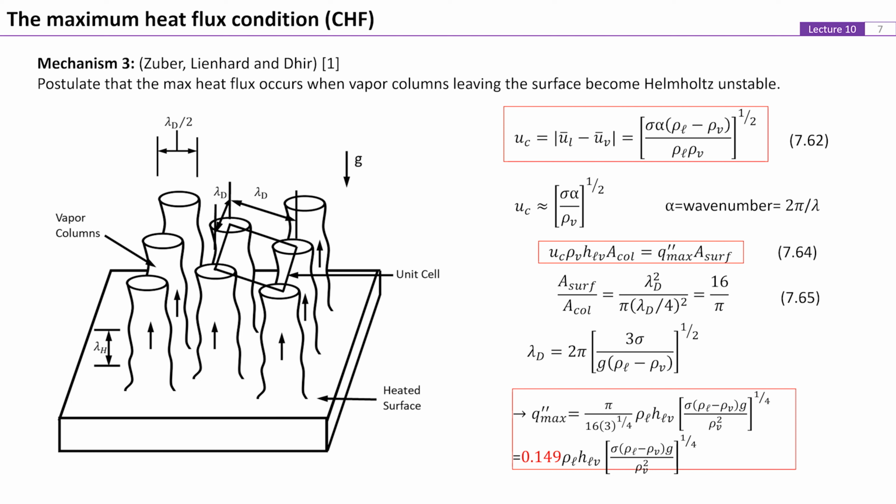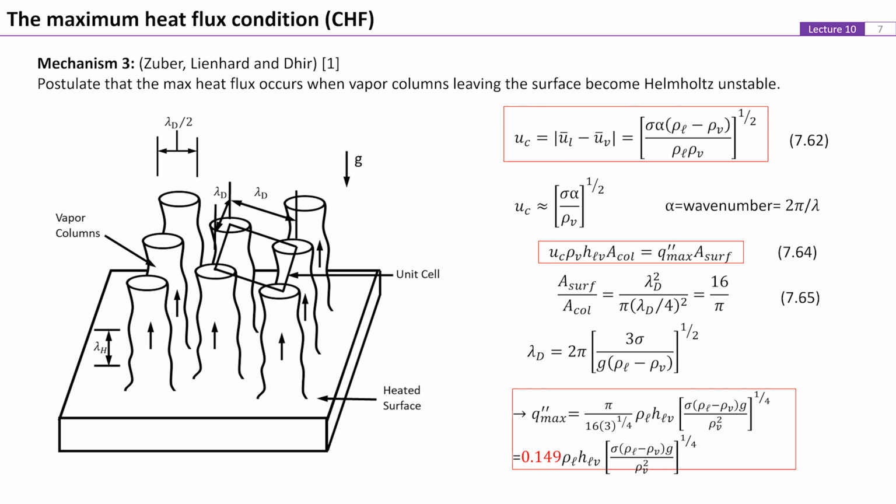Lambda d here is the most dangerous wavelength for interfacial instability. The critical velocity for the vertical vapor and the liquid flow is given by equation 62. Since the density of liquid is generally much greater than that of vapor, equation 62 can be simplified accordingly.